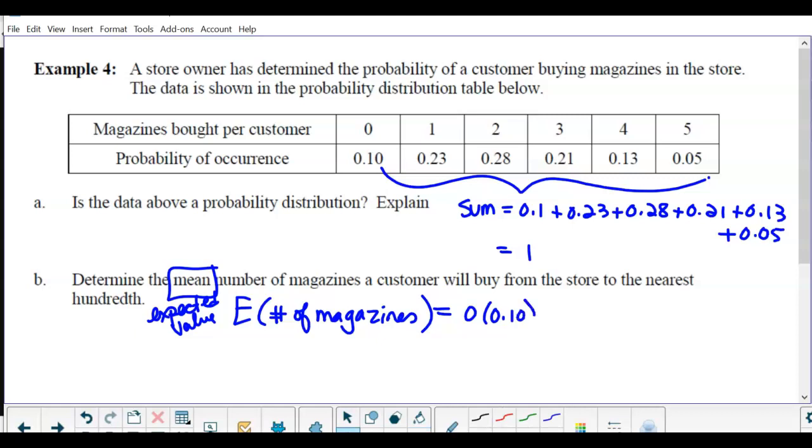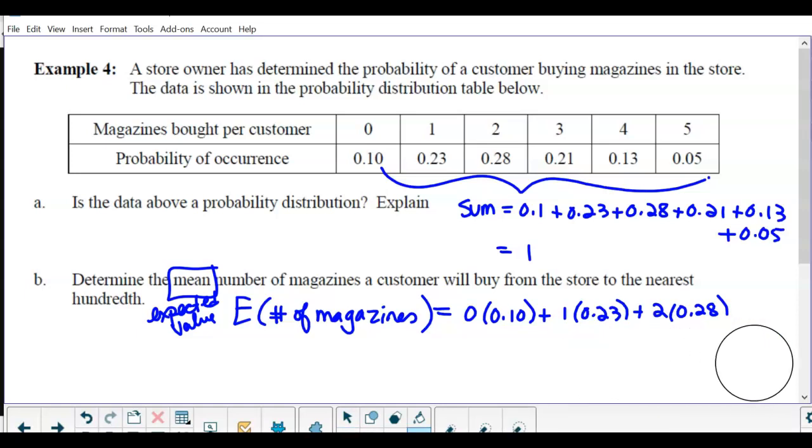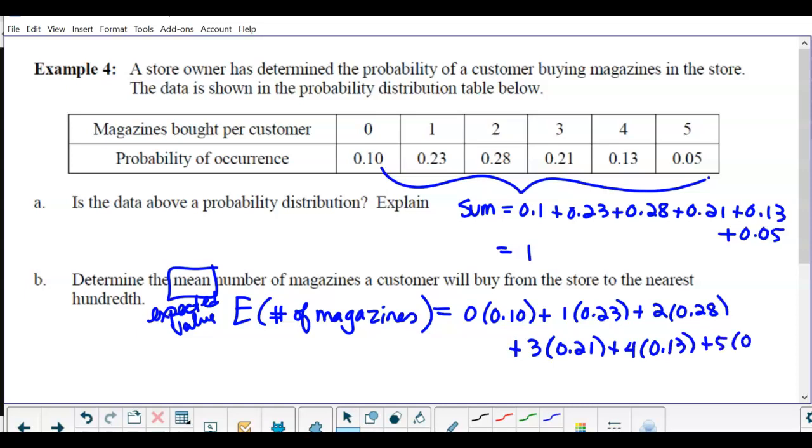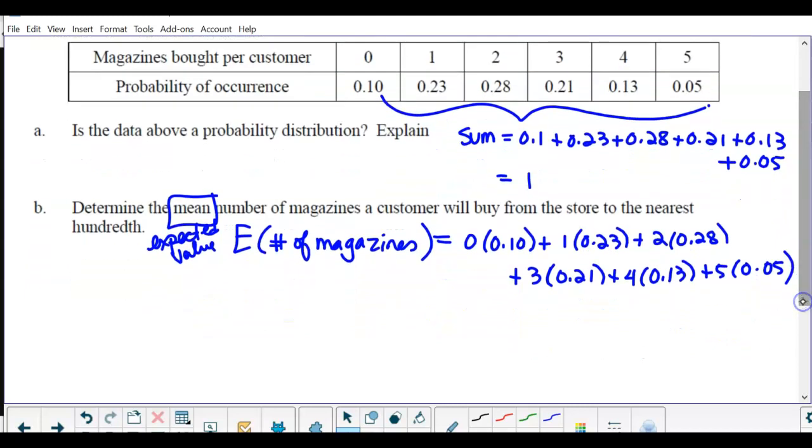So that's 1 times 0.23 plus 2 times 0.28 plus 2 times 0.21, and so on.